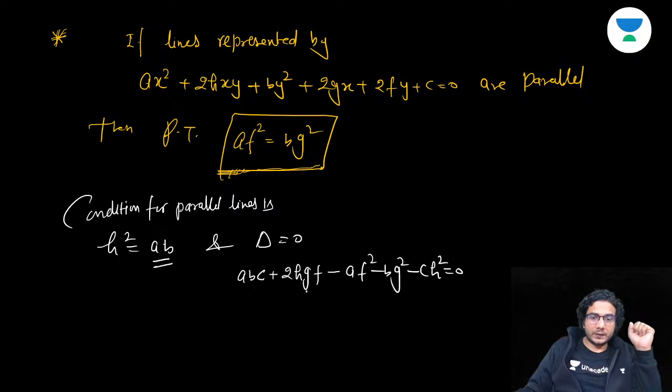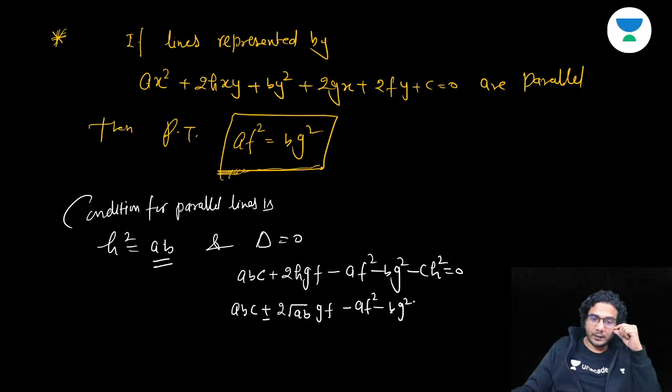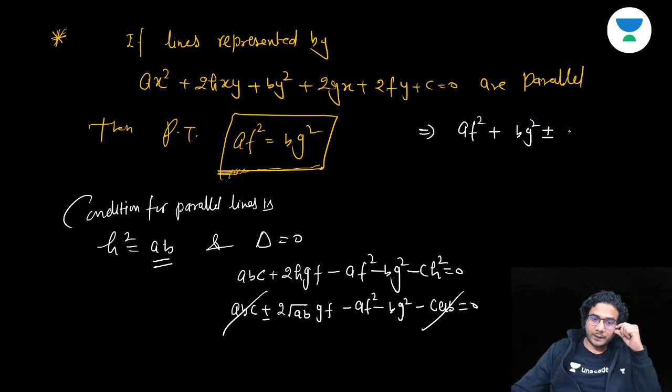If you put h square is equal to ab, then this is abc plus 2, put h is equal to ab, so it is plus minus of under root of ab gf minus af square minus bg square minus c, h square is ab, so this abc and abc will get cancelled, and you will get this.